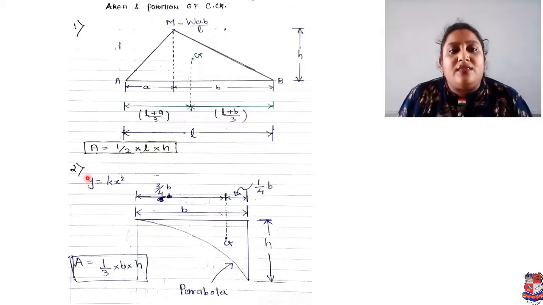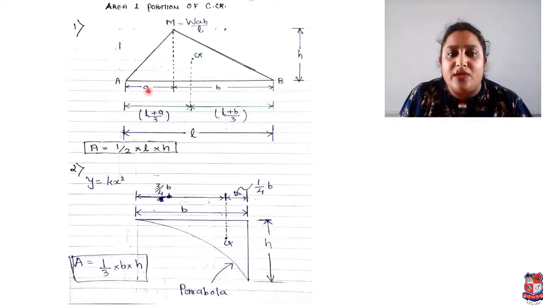So in this method we need some shapes, area and CG. Okay, so here are some basic shapes. It is a triangle shape. Here you can see distance A and B, which means it is not symmetric. Here the moment is WAB upon L. And CG is somewhere here.